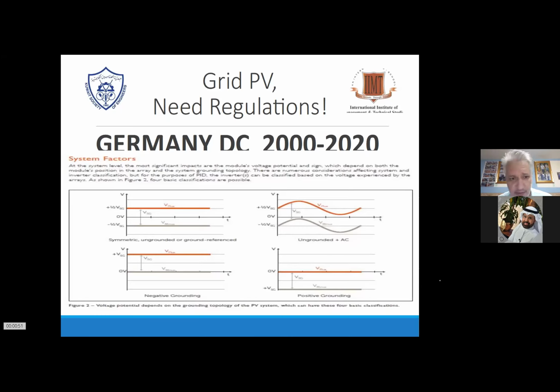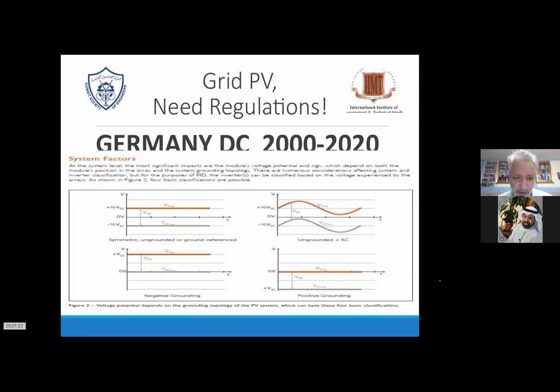What we see now are the system factors, where you had different voltage levels depending on negative grounding, ungrounded systems, or ground referencing systems. That was for thin film modules and thin film inverters, First Solar, or Next Power was also one.